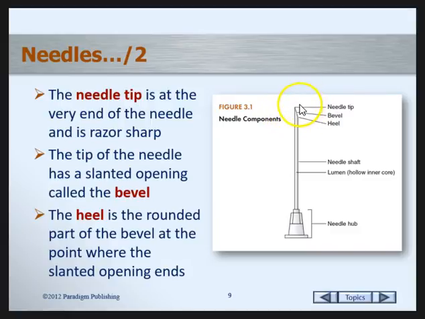The tip of the needle has a slant, which is called the bevel, and then the heel is a rounded part of the bevel at the point where the needle slant opening ends. This makes an inner core or shaft, which is known as a lumen opening, or the bore, B-O-R-E.